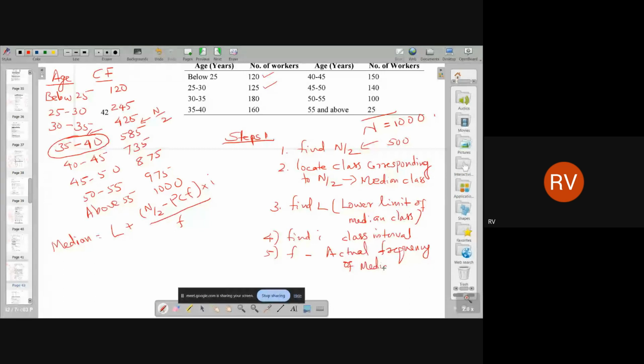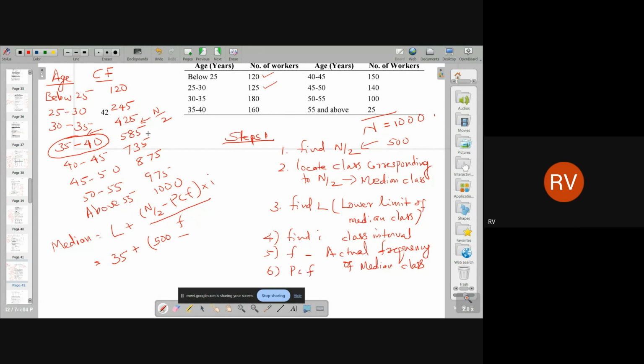L means the lower limit of the median class. Median class is 35 to 40. That is 35 plus n by 2, which is 500, minus PCF.